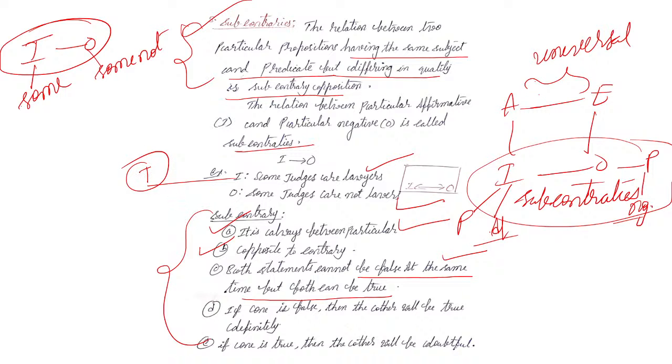If it is true, then 'some judges are not lawyers' may or may not be true; we cannot say anything. If one is false, then the other will be true definitely. If one is true, then the other will be doubtful. If 'some judges are liars' is true, we don't know whether 'some judges are not liars' is true or false.